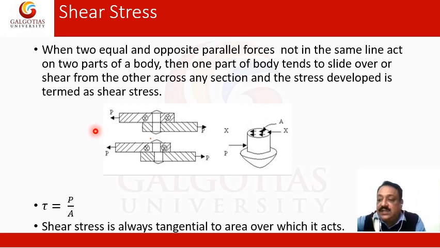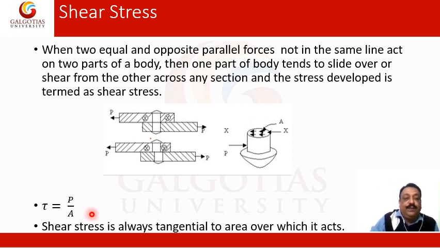The shear stress intensity is defined as tau equal to P by A. Tau is used to denote the shear stress. The shear stress is always tangential to the area over which it is acting, like it is shown here at the rivet cross-sectional area. It is tangential, not normal to the area.